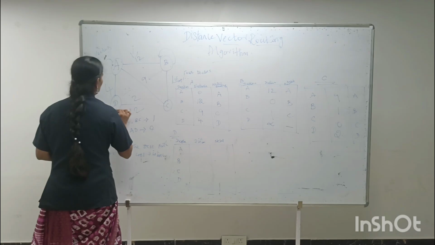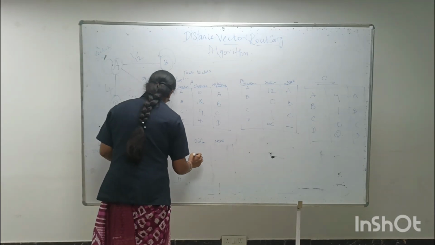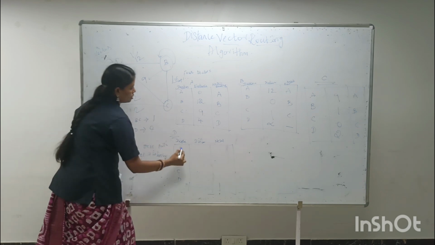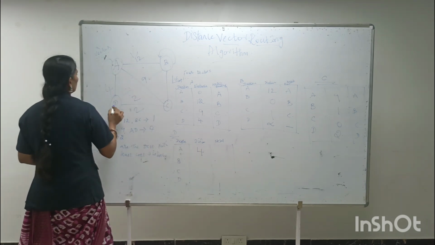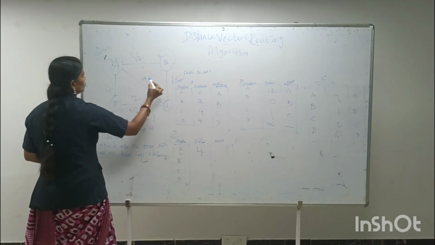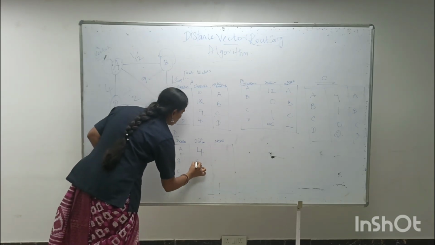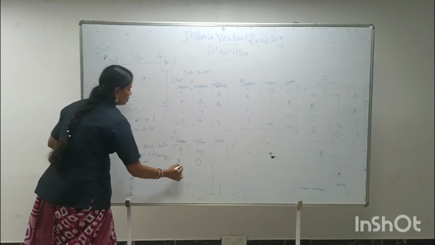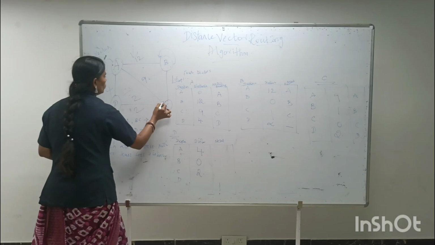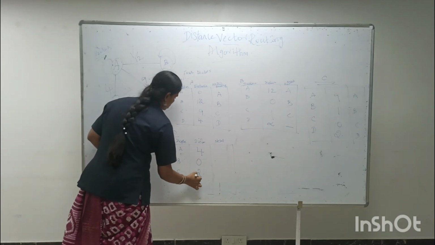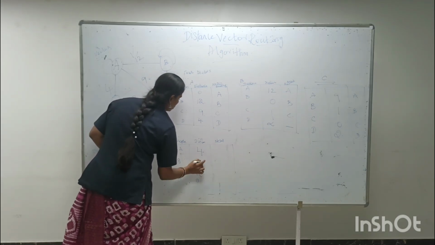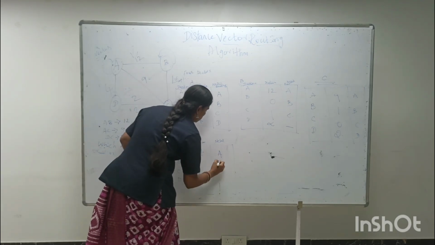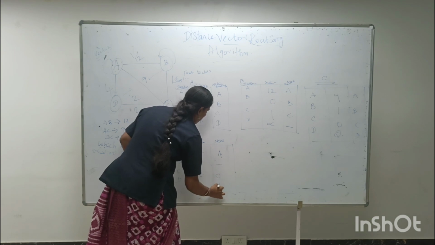For D to A the distance will be 4, B to D there is no direct communication, and D to C the distance will be 2. D to D itself will be denoted as 0. So here the unknown direction we will write as infinity.